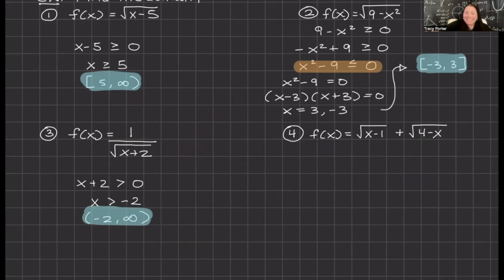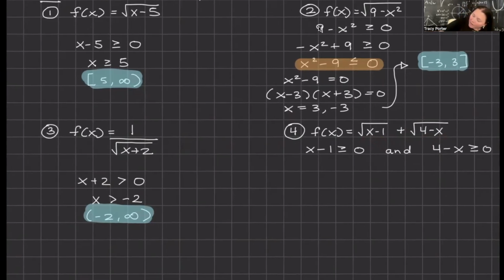The last type of example we'll look at is a combination of functions where you have two radical functions added together. What you would need is both radicands to be greater than or equal to 0 at the same time. So not only would you need this one to be greater than or equal to 0, but you would also need this one to be greater than or equal to 0.